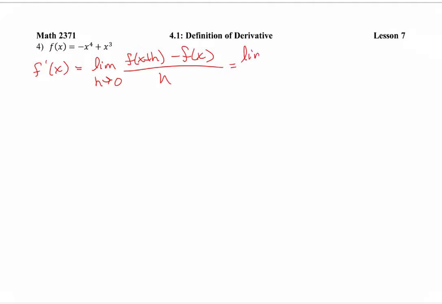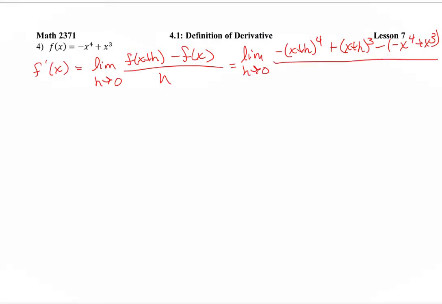So that equals the limit as h goes to 0 of minus x plus h to the fourth plus x plus h to the third minus, minus x to the fourth plus x to the third, all over h.